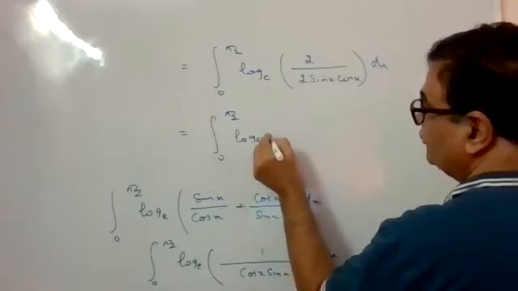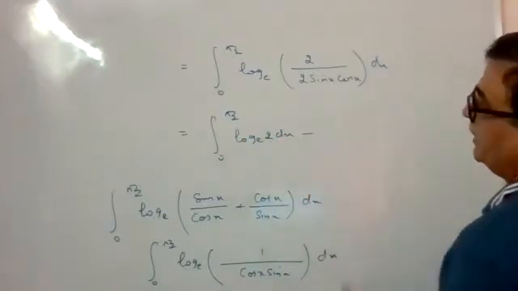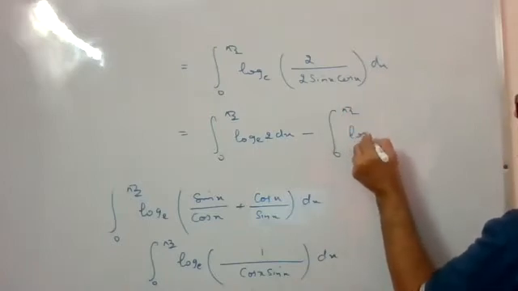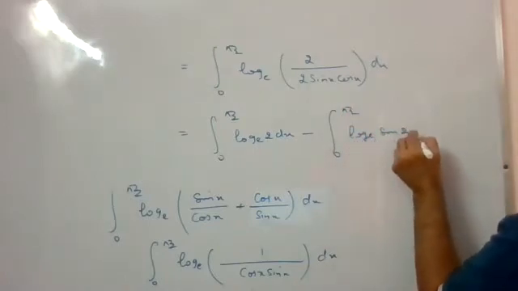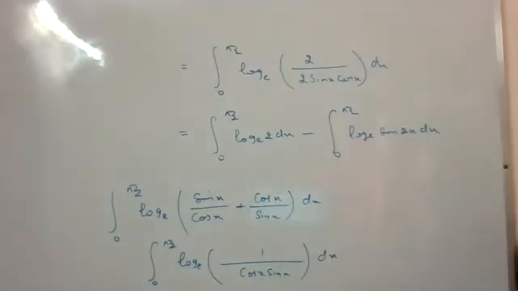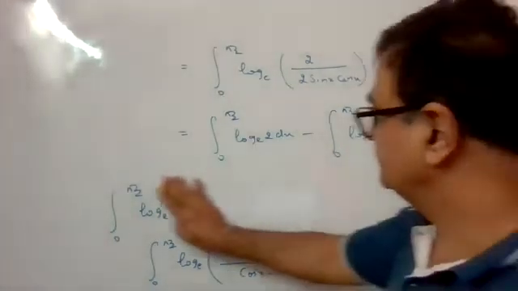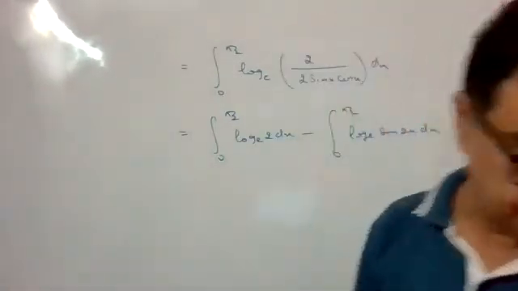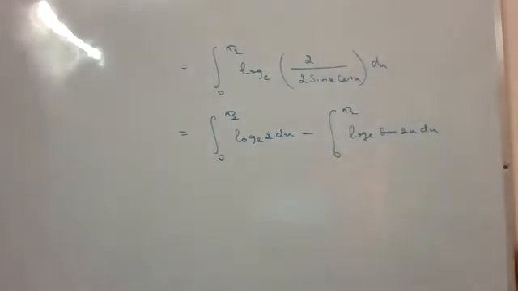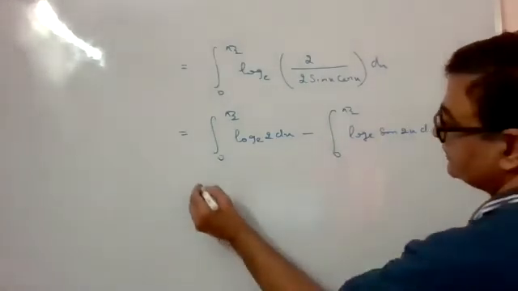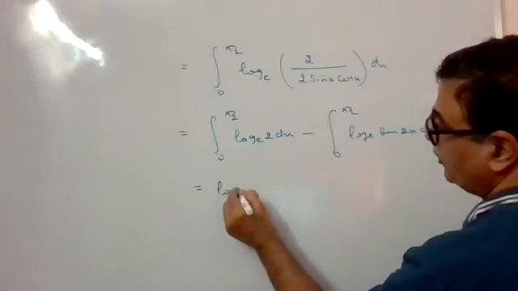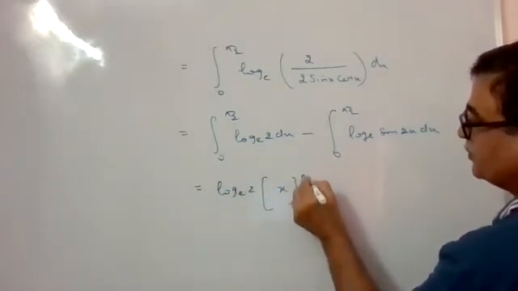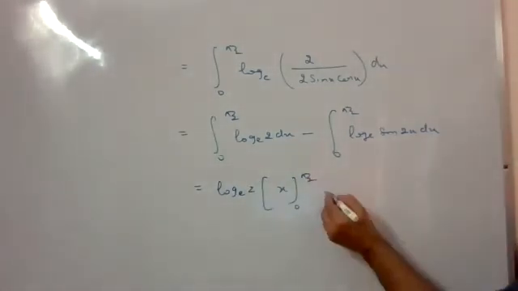So I write log of 2 dx minus 0 to pi by 2 log of sine 2x dx. Yes or no? Then this result clearly comes out to be log 2 gone out. Left is only x, and limit is from 0 to pi by 2, minus.